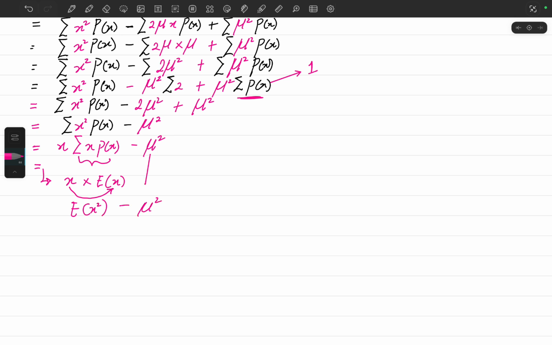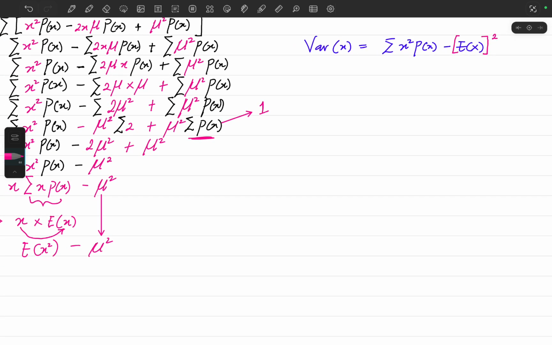So I'm just going to transition this down that way. Okay, so we get that. Now we have a new formula for the variance, as you can see from here, that the variance of x equals, of course, the expected value of x square minus just the expected value all on square.